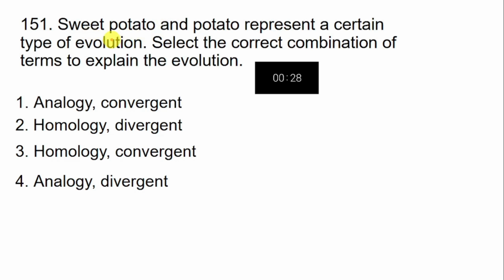When origin is different and function is same, this is called analogous, and they are converging on functions. So analogy and convergent, this will be the right answer, option 1. In case of homology, the origin is same, but they diverge in their function. That's why it is called divergent evolution.